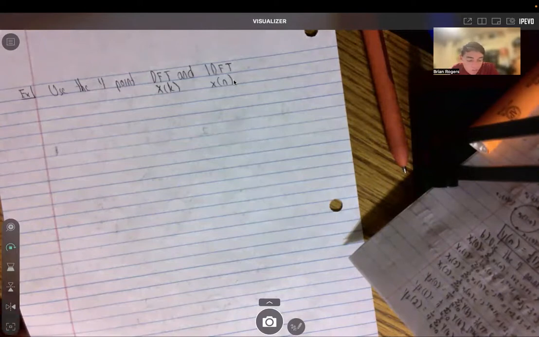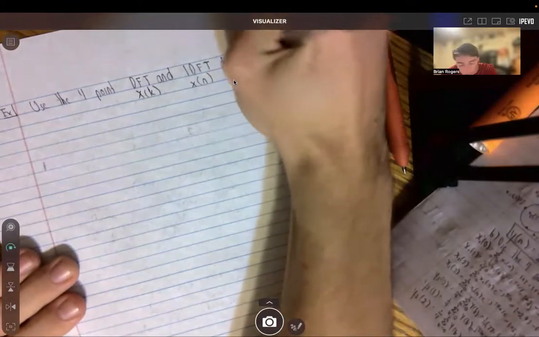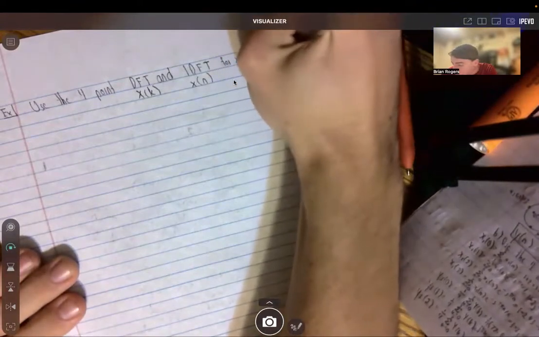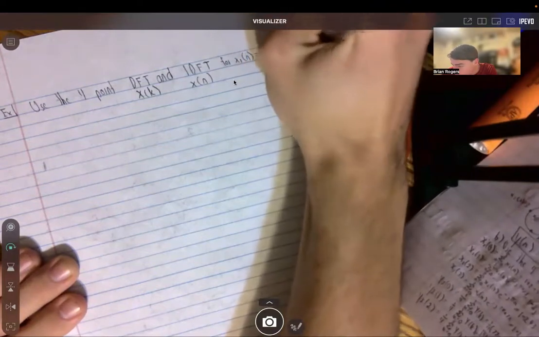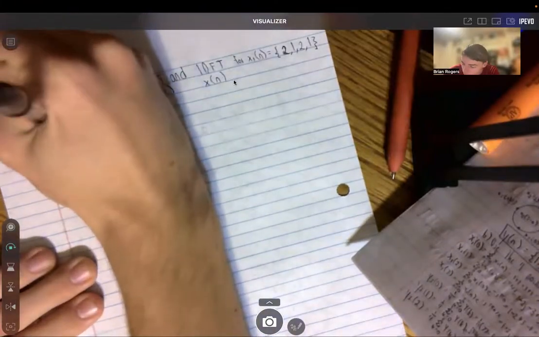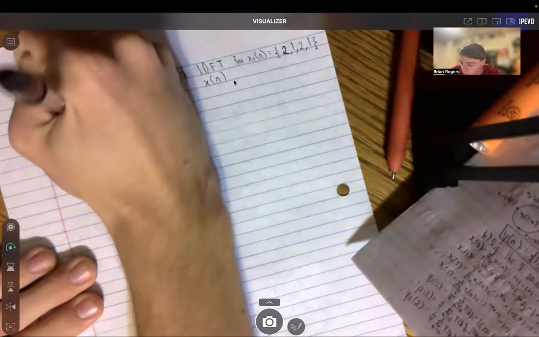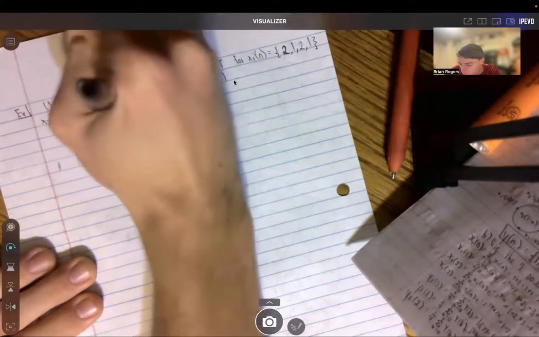For this one, we're going to use the sequence x1 of n equal to 2, 1, 2, 1 at index 0, 1, 2, 3. And then x2 of n is going to be 1, 2, 3, 4.